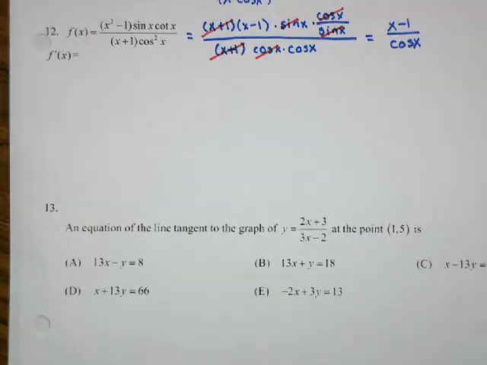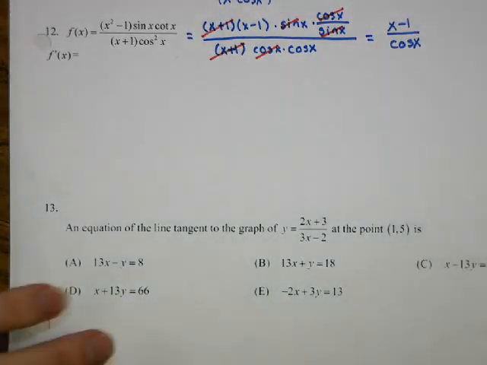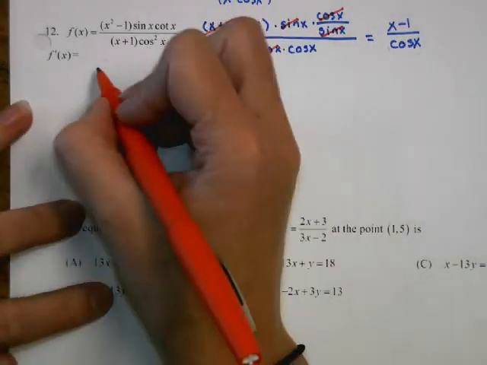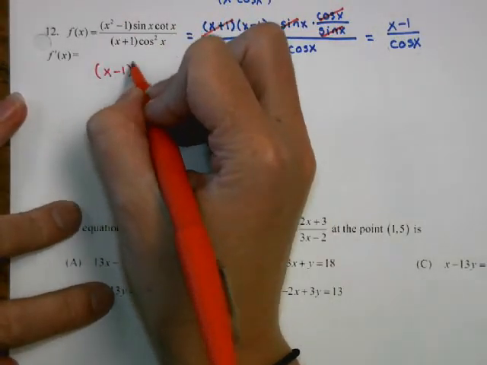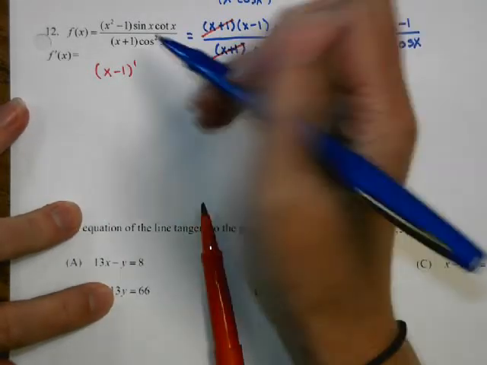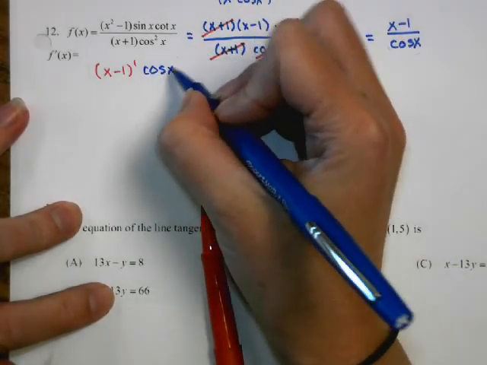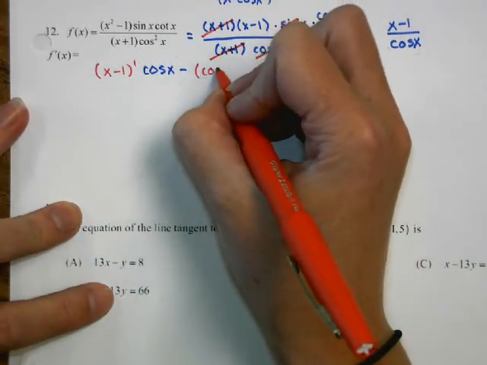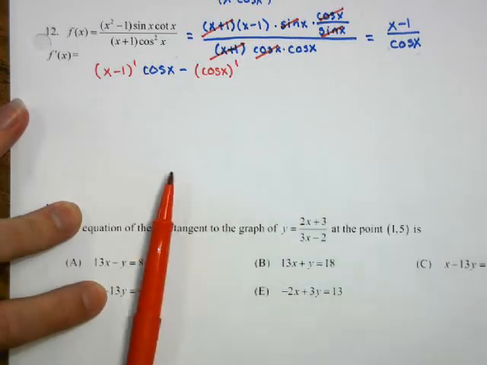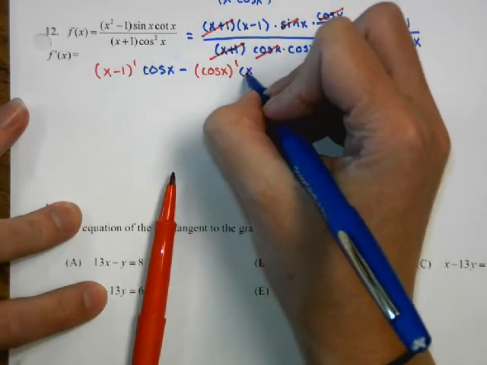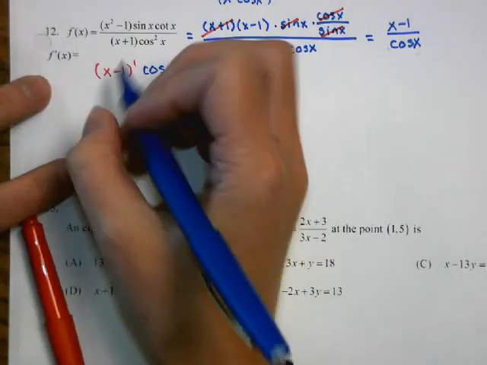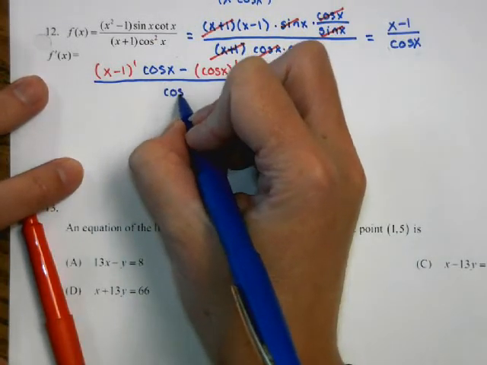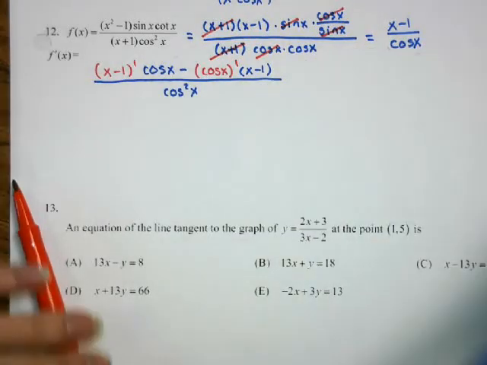So if you can make your life easier, do it. So here, now this is what I'm taking the derivative of. So we're going to have (x minus 1) prime times cosine of x minus the derivative of cosine, all over cosine squared x.